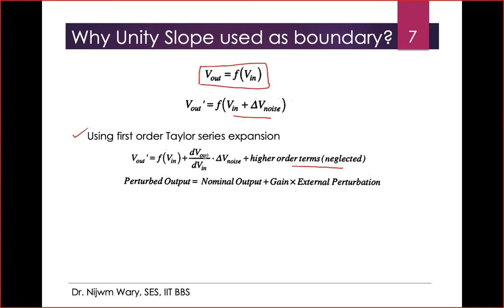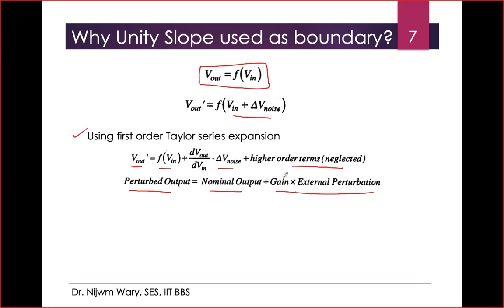So the perturbed output is the sum of the nominal output, which is the output when there was no noise, plus the gain of the inverter times the noise.